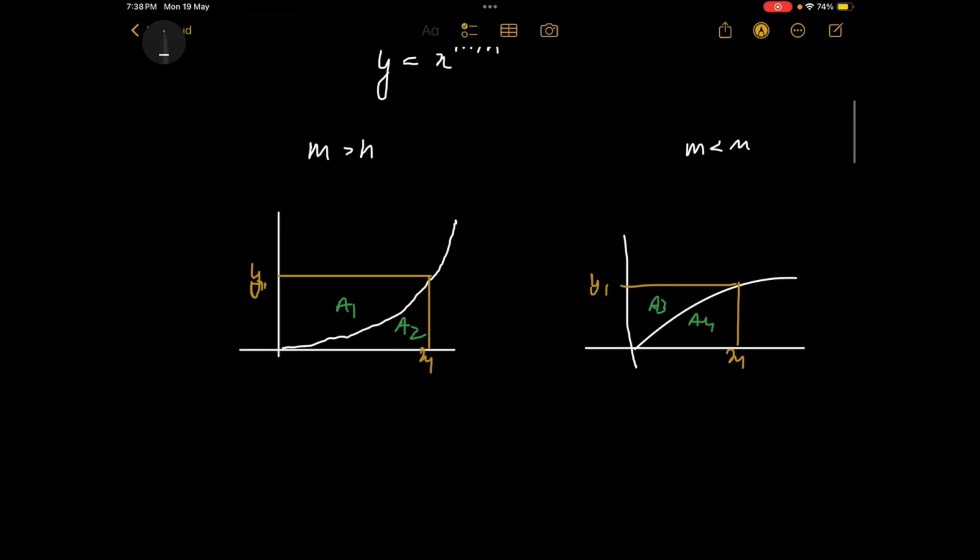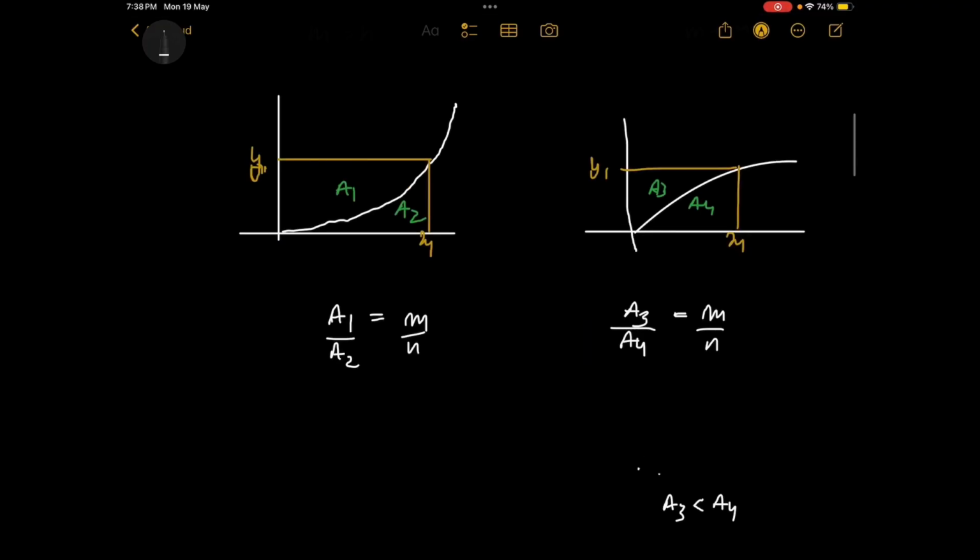The ratio A1 by A2 is equal to m by n. And in the second case also, the ratio of the areas A3 by A4 is equal to m over n. How does it come? This can be simply proved using integration.